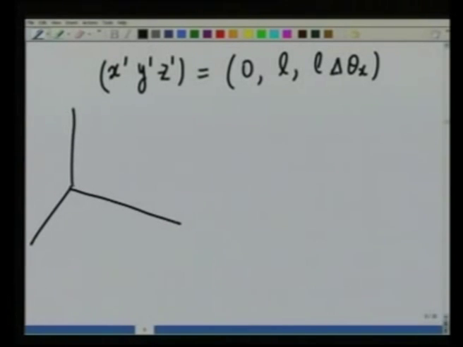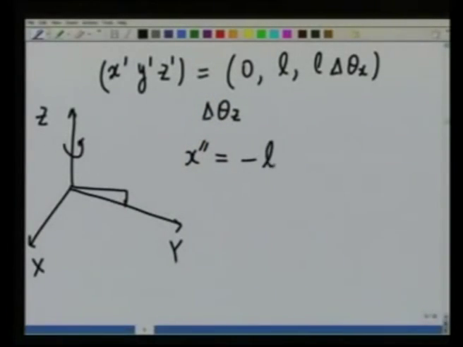This is after I gave it the first rotation about the x axis. Now, let me rotate this rod about the z axis by an angle delta theta z. When that happens, you can see that x double prime, which is after the second rotation, is going to come from this projection going back by angle delta theta z.